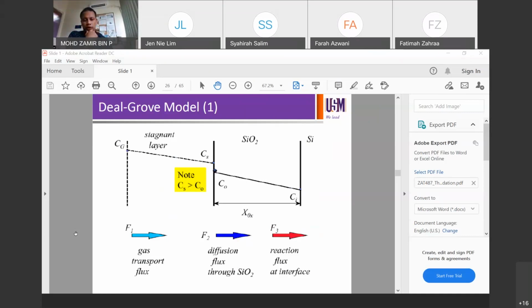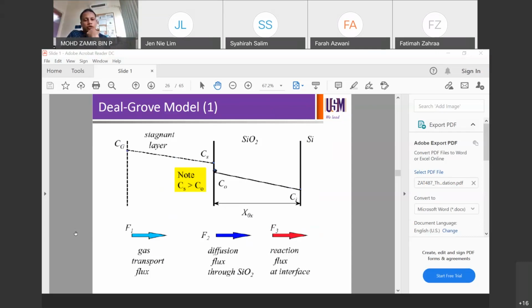So that will be labeled as F2. Okay, the moment you have your oxide on. So F3 is the reaction flux at the interface of the silicon. So the moment F2 reaches the surface of silicon, we're going to have F3. So apa yang sampai tu dia akan react with the underlying silicon, with the existing silicon on the surface yang dah masuk dalam sekarang ni, to be able to continue the reaction.